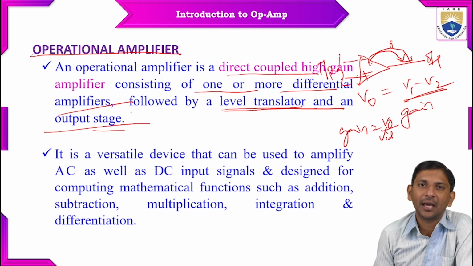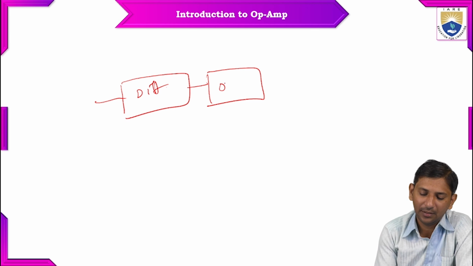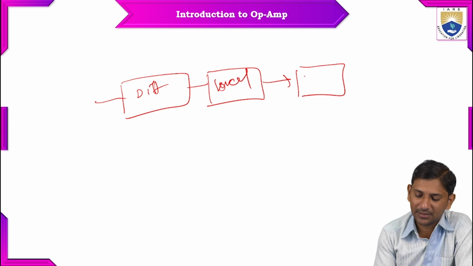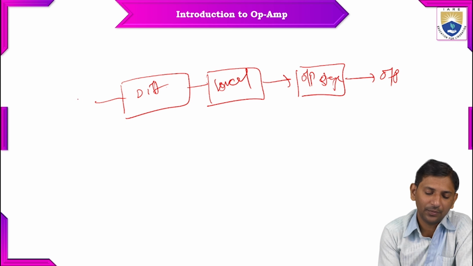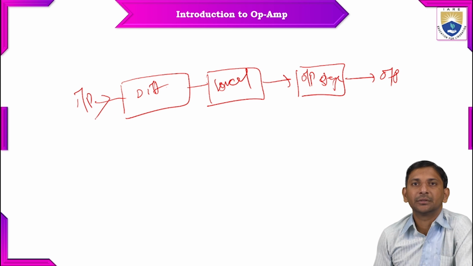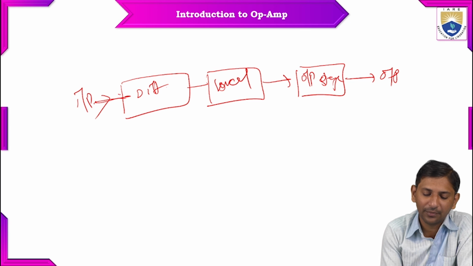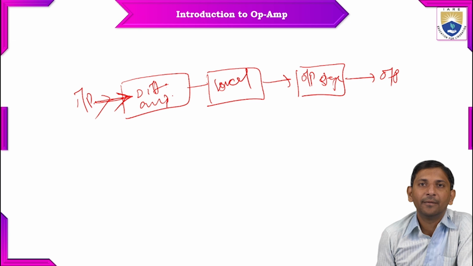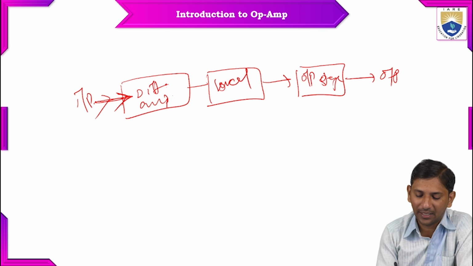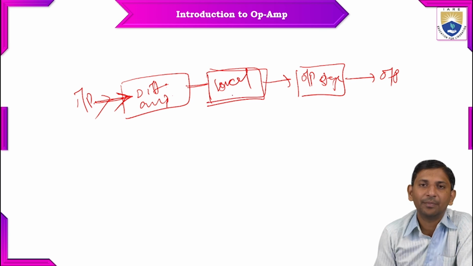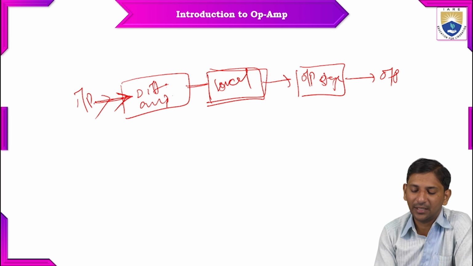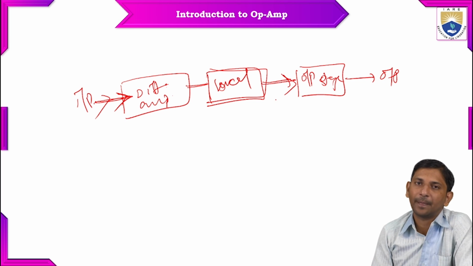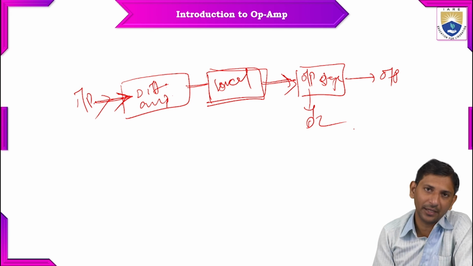By giving two inputs, we get our output, where the differential amplifier circuit will give you the difference of input with some gain, and the level translator is going to perform your adjustments, and then the output stage will improve your impedances, the DC level will be reduced, etc.